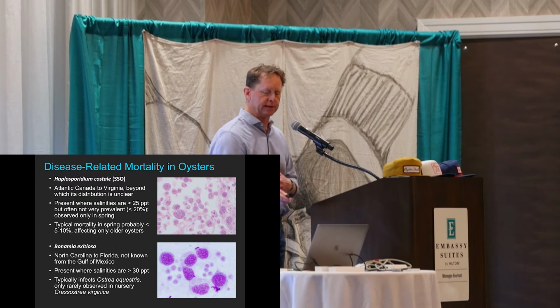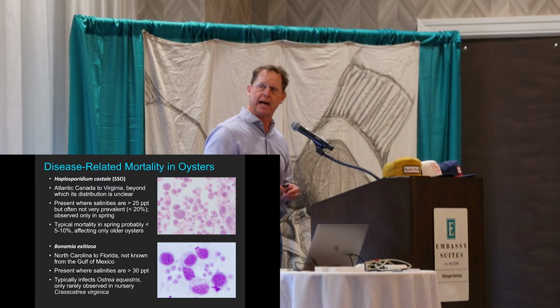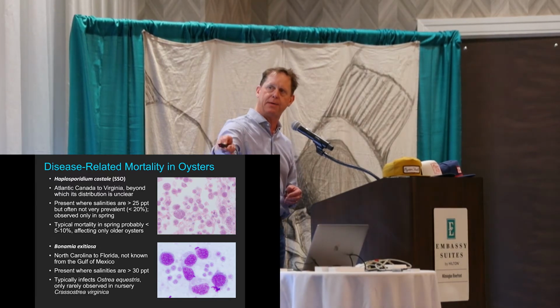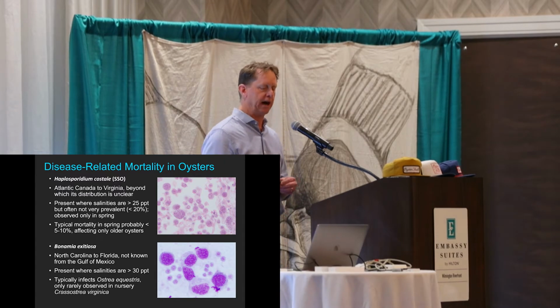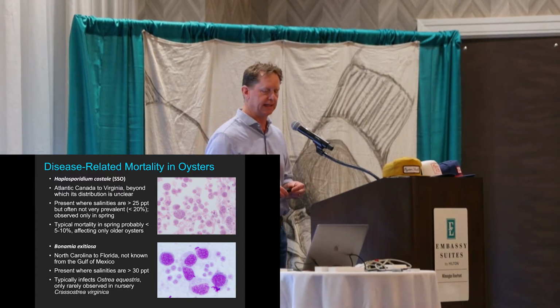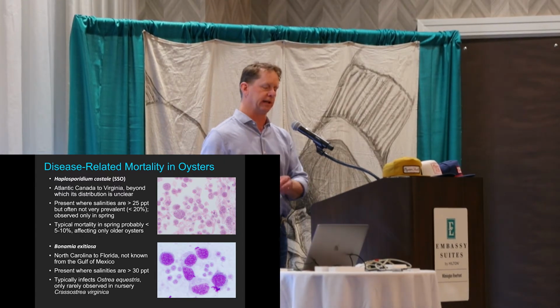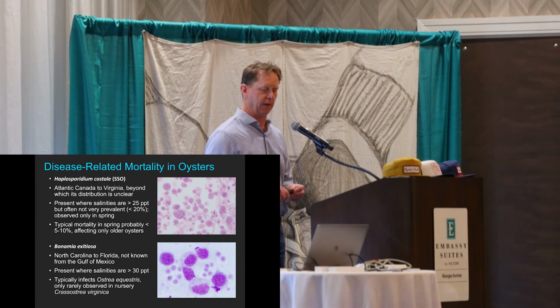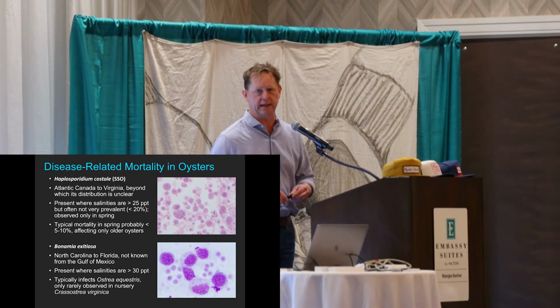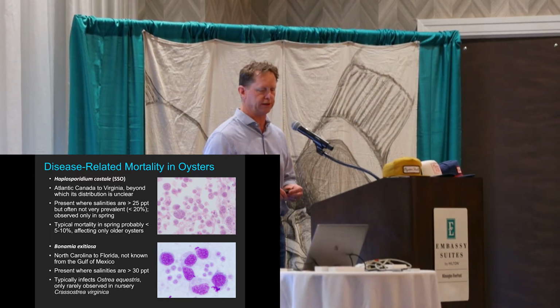So those were the big ones, and we have a couple of other minor pathogens. Haplosporidium costale, on the top, is a congeneric, a cousin of MSX, that occurs only in higher salinity seaside waters, where salinities are above about 25 parts per thousand. It's not very prevalent. It doesn't cause much mortality, and this is only in larger, older oysters.